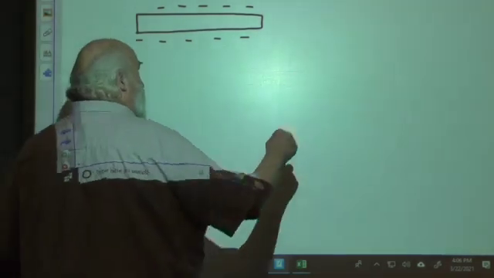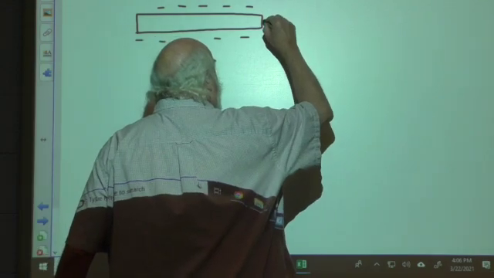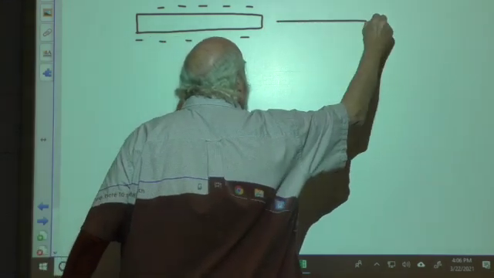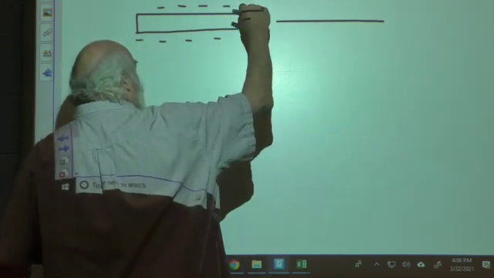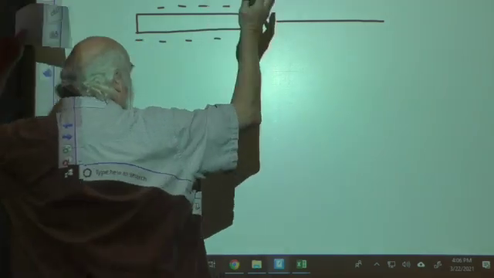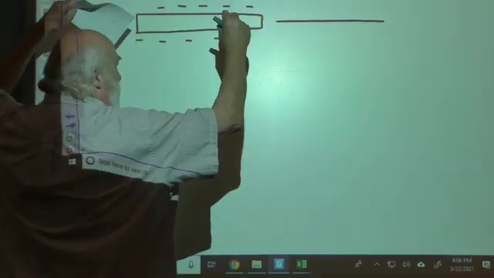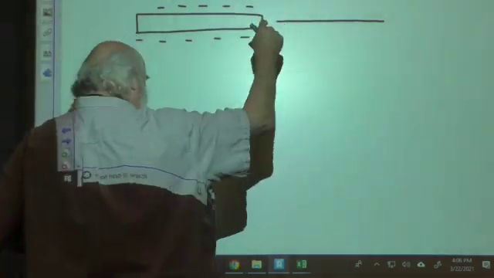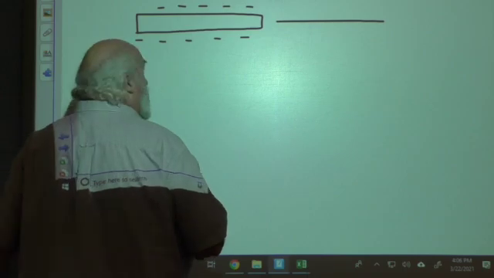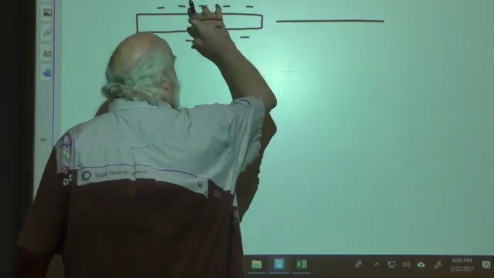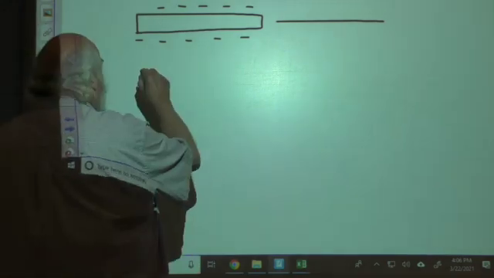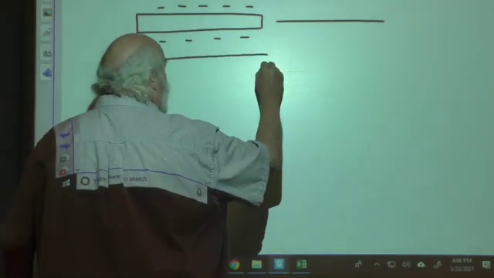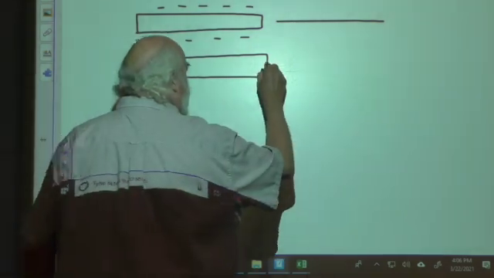Now, let's say you've got a copper wire right here. When a copper strip touches the copper wire, what will happen is the electrons are going to be shared equally across. So what we're going to get is something that looks like this, which I've now just drawn very badly.